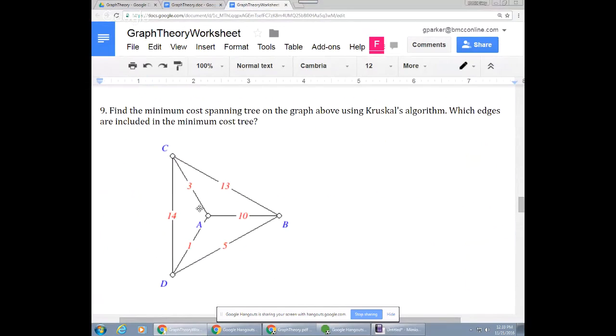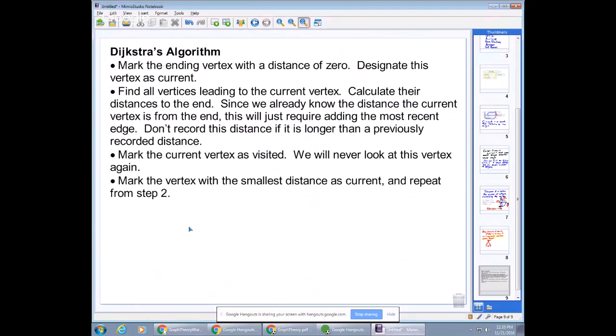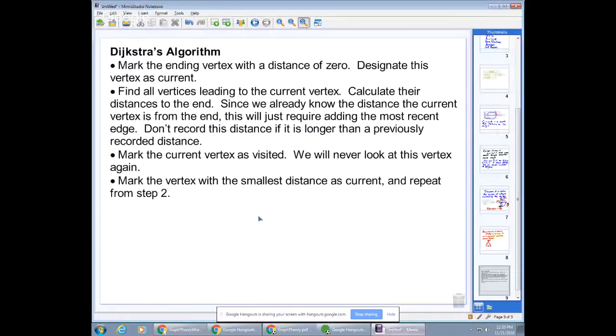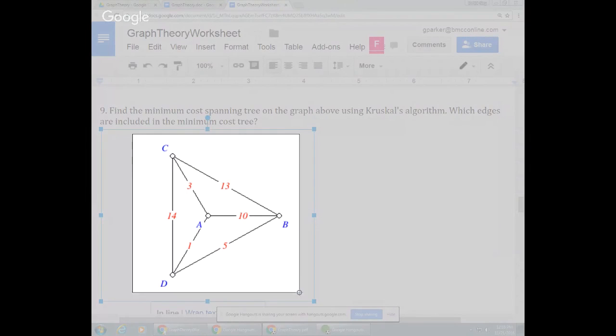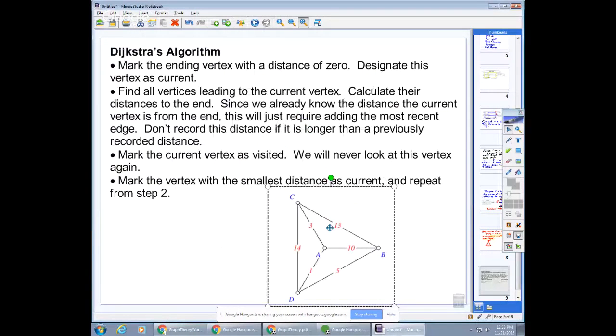Oh yeah, number 9 will work. Oh, they won't let me copy and paste from there. No. Okay, we've got to do a screenshot. Okay, I'll shrink that down a bit so it fits on the screen.